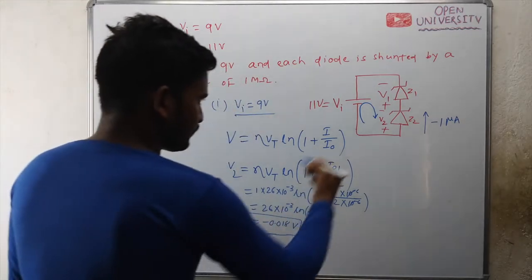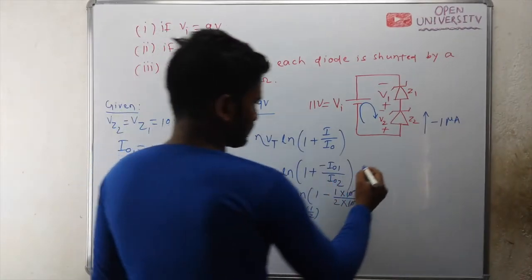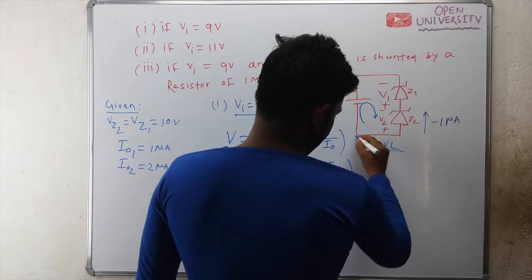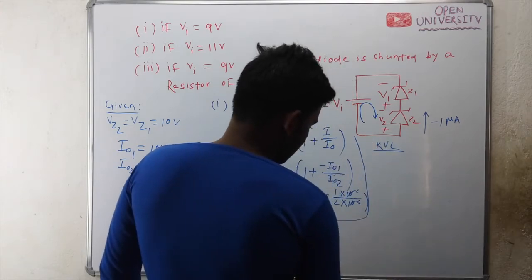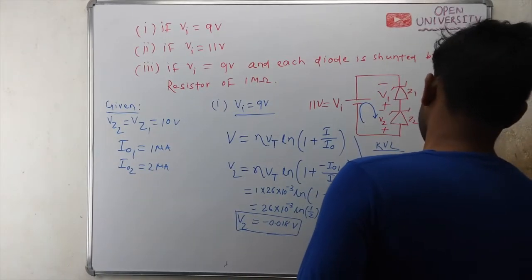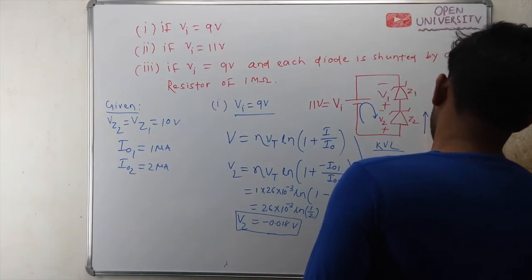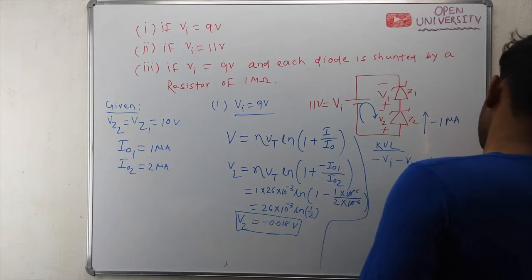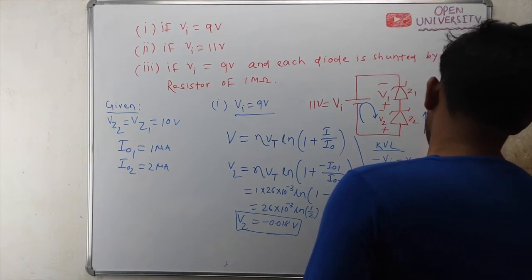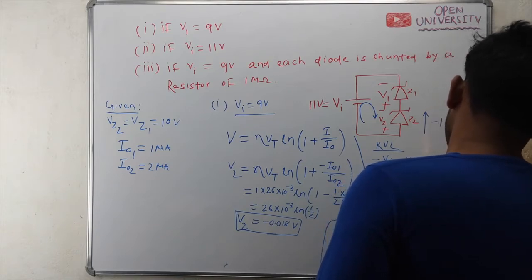Then how to get voltage across V1? Apply KVL. If you apply KVL, then what will happen? Minus Vi minus V1 minus V2 equals 0, then V1 will be equal to minus VA minus V2.